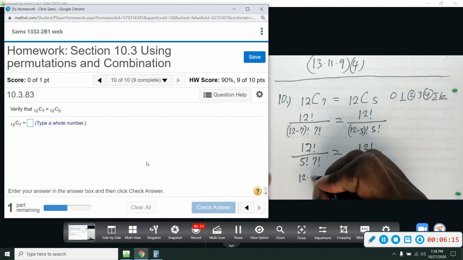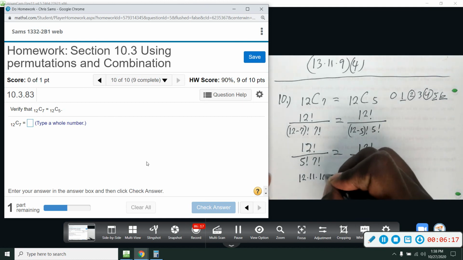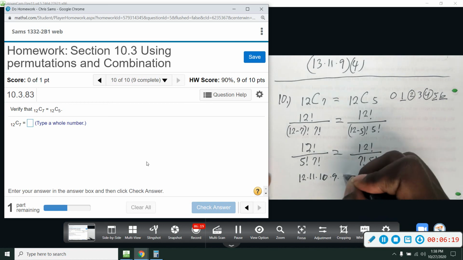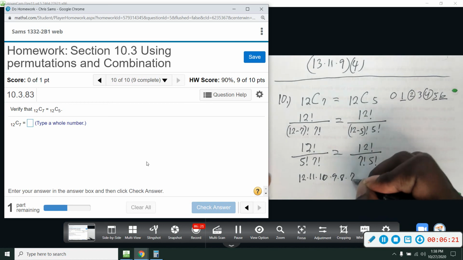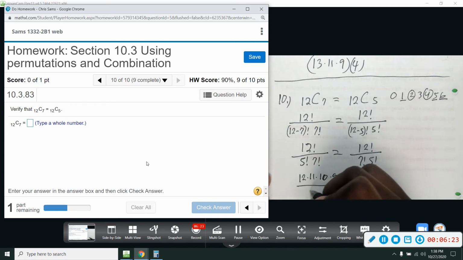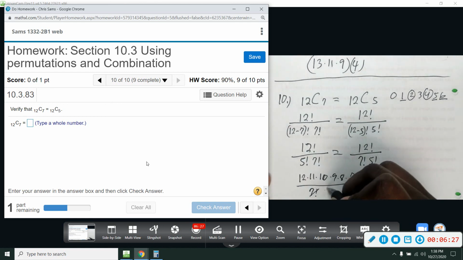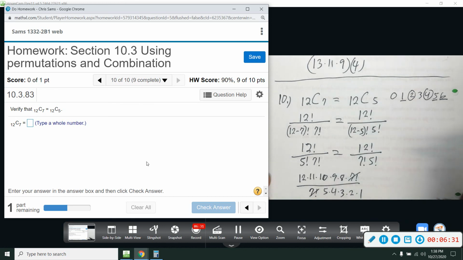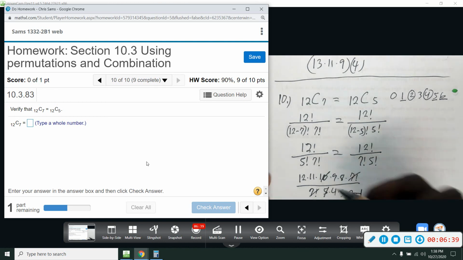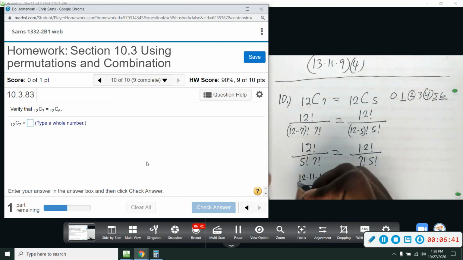12 times 11, 10, 9, 8, and then stop at 7 factorial, over 7 factorial, and then we have 5, 4, 3, 2, 1. All right, so we're going to reduce all that we can. Again, 5, 2, and 1 get rid of the 10, and 4 and 3 get rid of the 12.